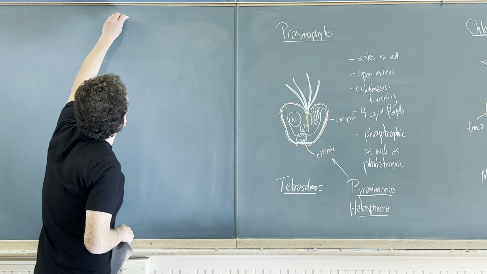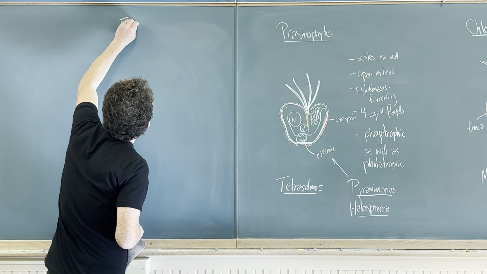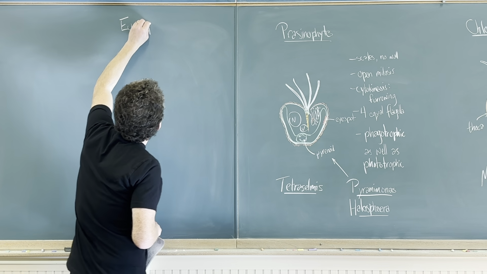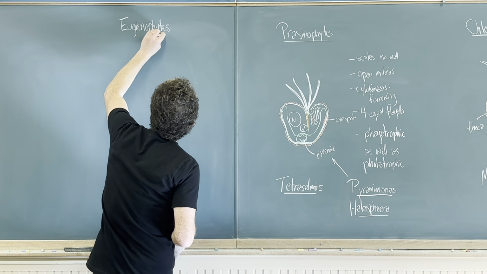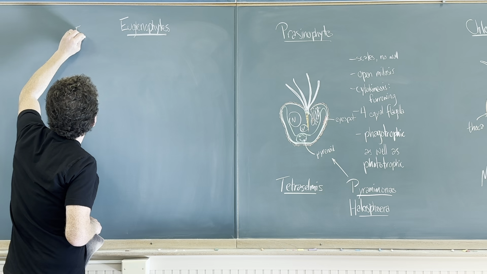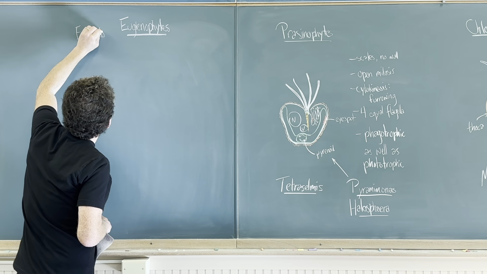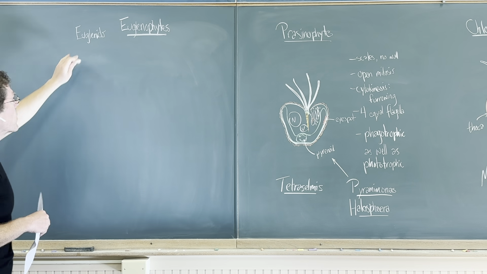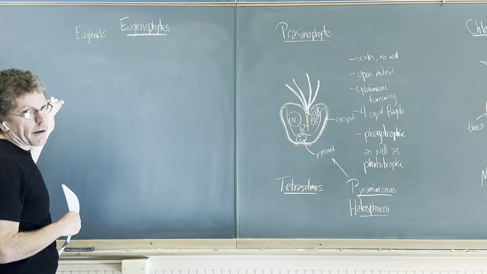Our next group is the euglenophytes, which is a subset of the euglenids, or euglenozoa. Basal members of this eukaryotic group do not have plastids.